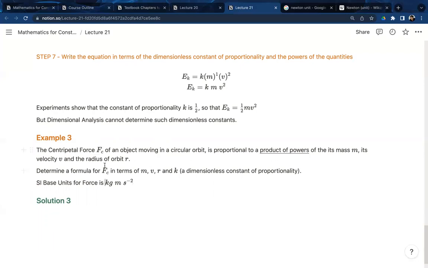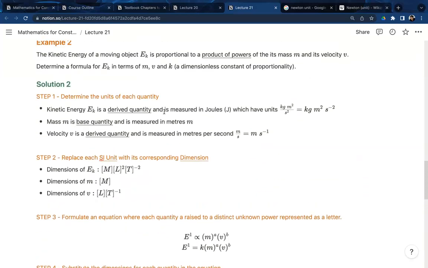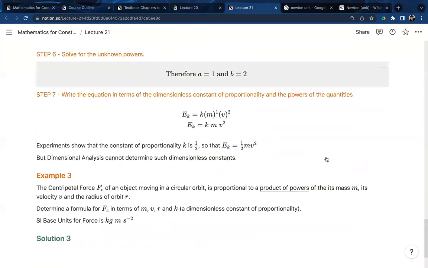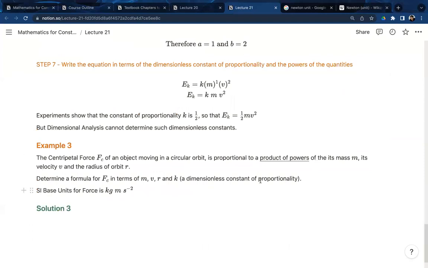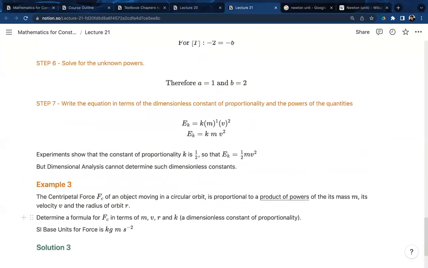I think we know what radius is. Radius is a length measurement, like perimeter. Velocity, we went through that up here, is meters per second. And that's it. So try this question out and see if you understand this topic.